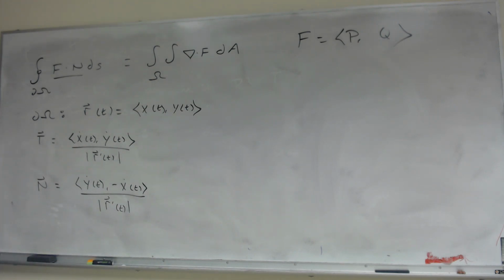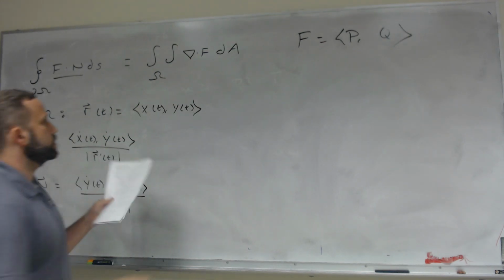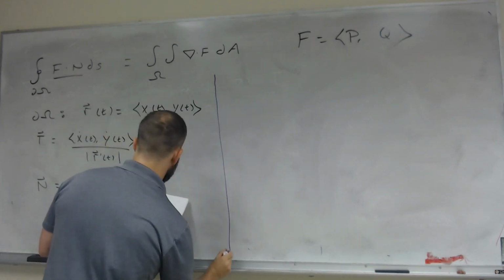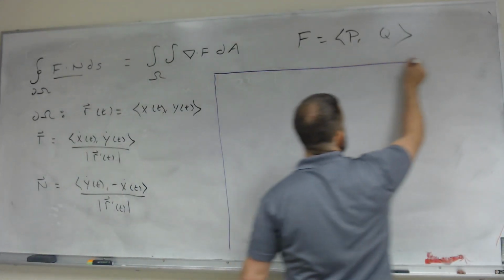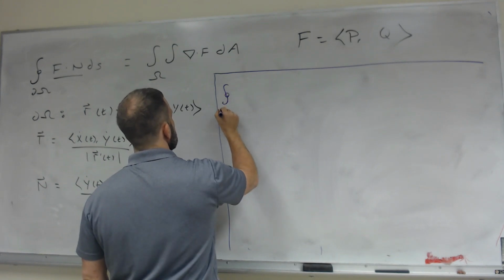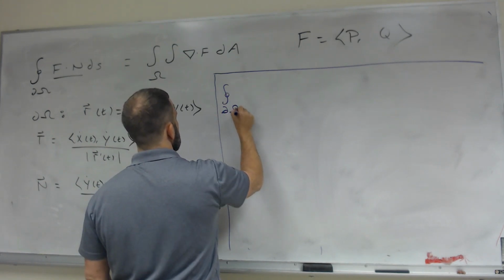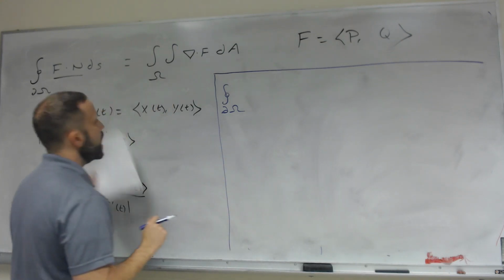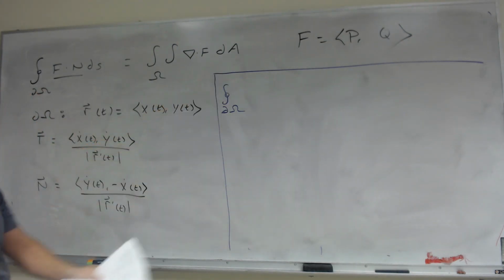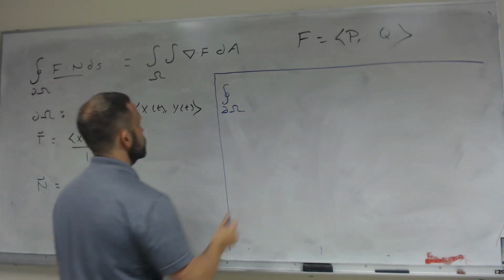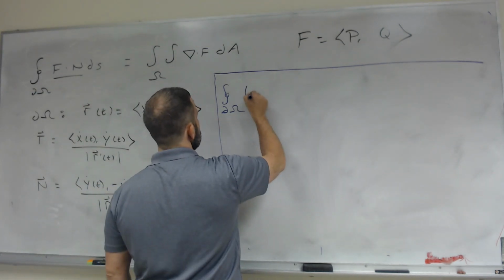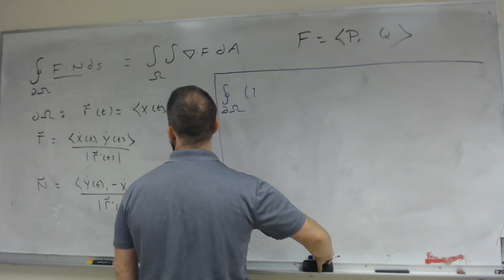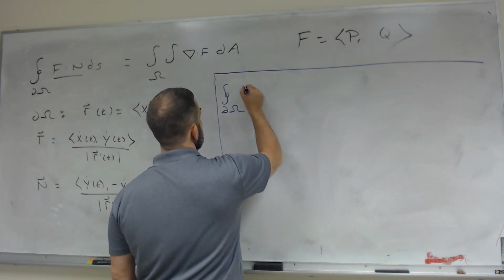Okay, so let's get to work then. If I want to compute that integral, how do I compute it? Okay, so now f dotted with n, so let's think about this. F is (p, q), and this is my n vector here. Let me do one intermediate step.